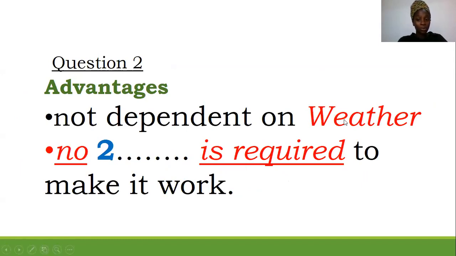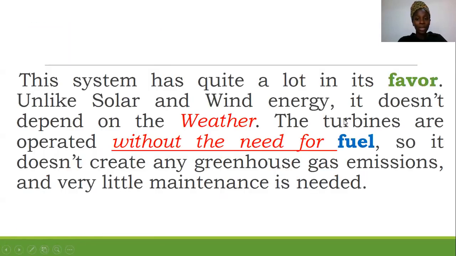Not dependent on weather. And when you hear it, you will hear it doesn't depend on the weather. So it doesn't depend on the weather. It's pretty much the same as not dependent. Can you see how the paraphrase has been made there?